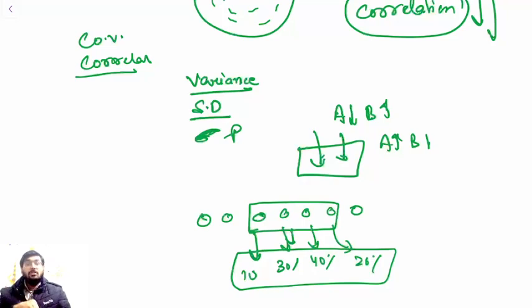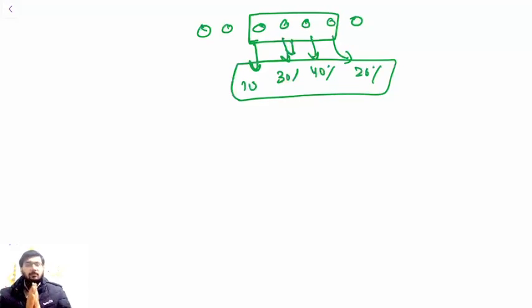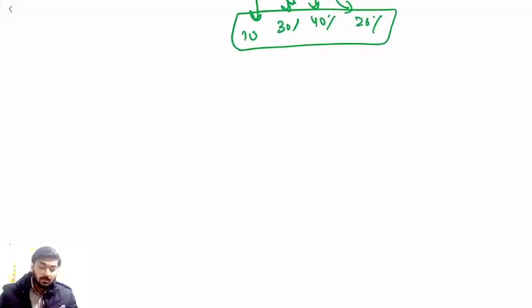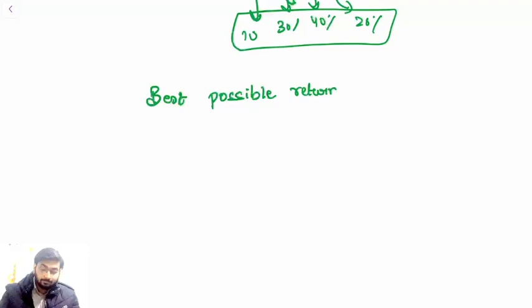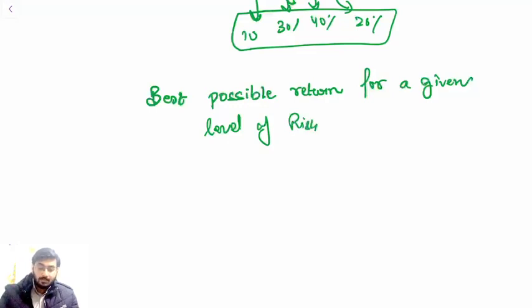Now that is actually the heart of the modern portfolio theory. See, when I'm saying that we will measure the risk and return mathematically, clear? Now MPT will give us the efficient frontier. What is this efficient frontier? Write down. It shows the best possible return for a given level of risk.